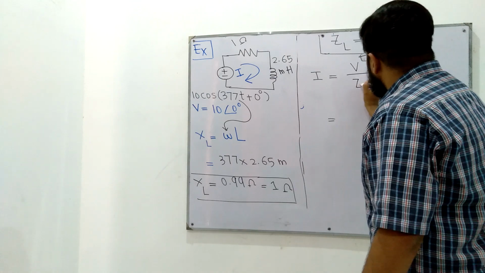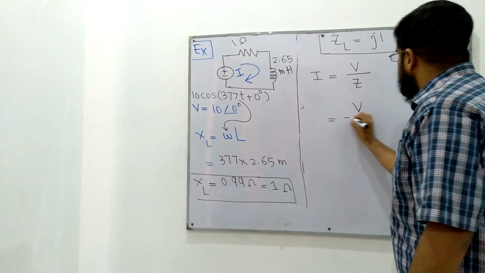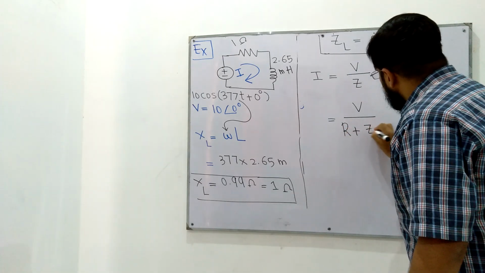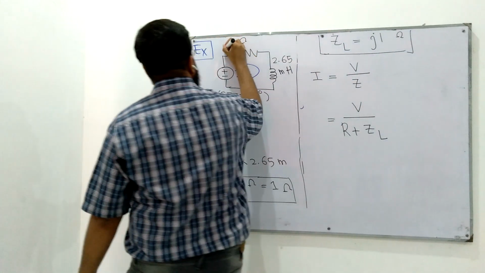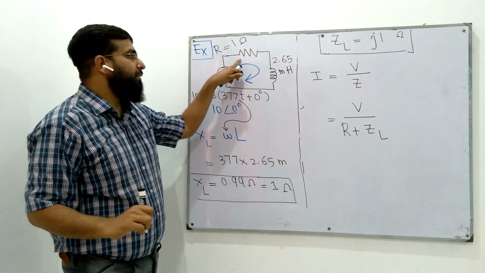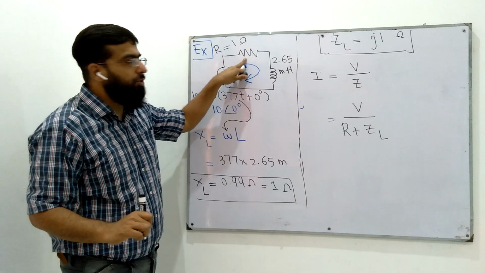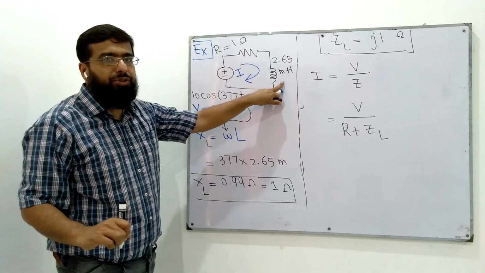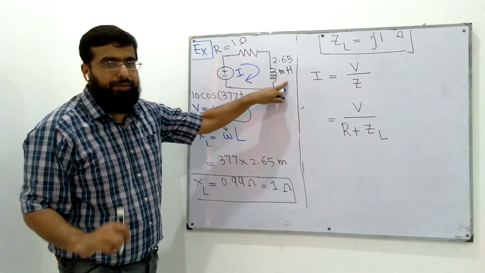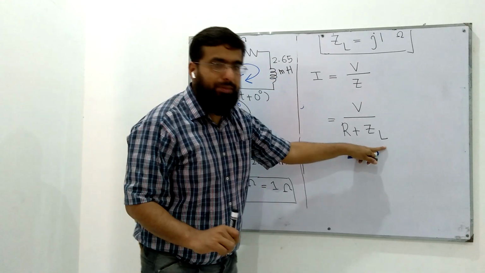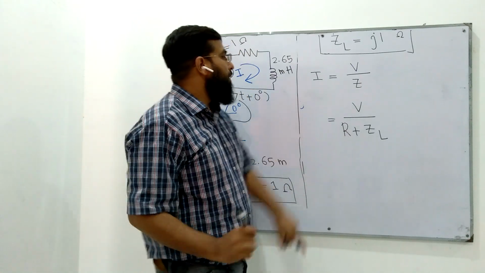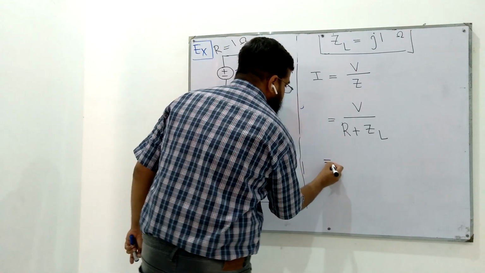So the total Z is R plus ZL. The total opposition of the path is the resistance offered by this 1 ohm resistor plus the opposition offered by this 2.65 millihenry inductor. So we have added these two terms together. The unit is ohms, the unit for ZL is also ohms. Now we are in a very good position to find I.